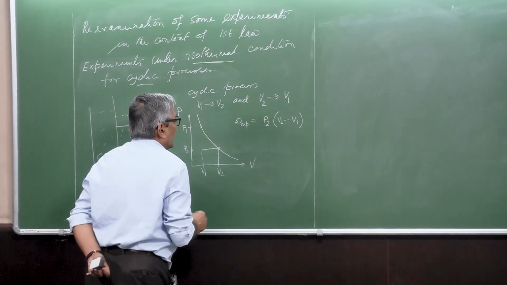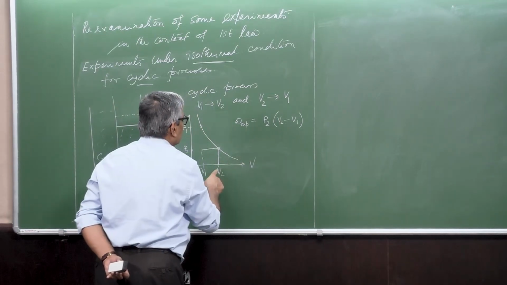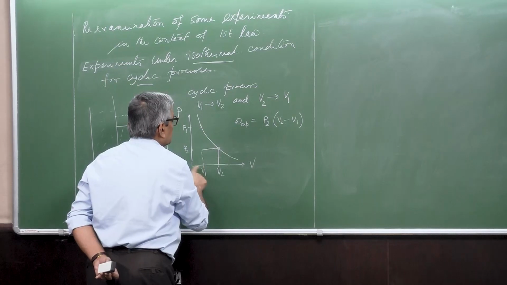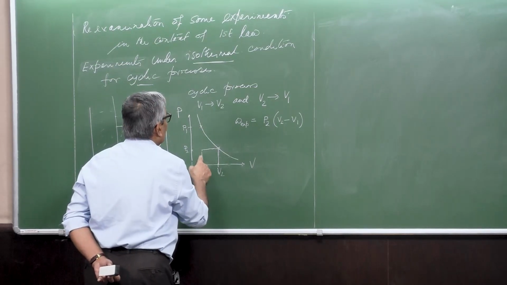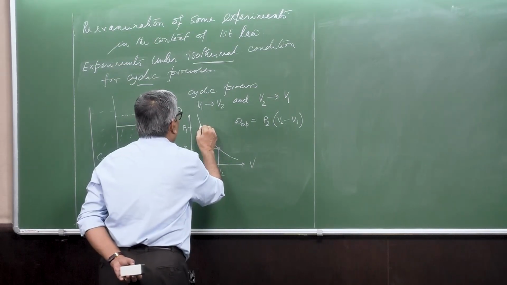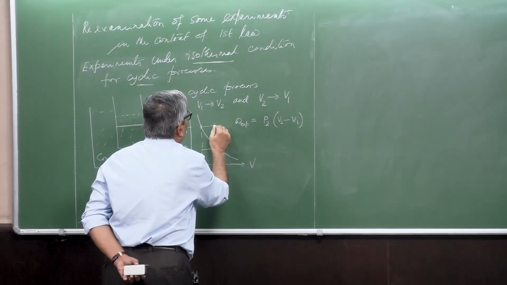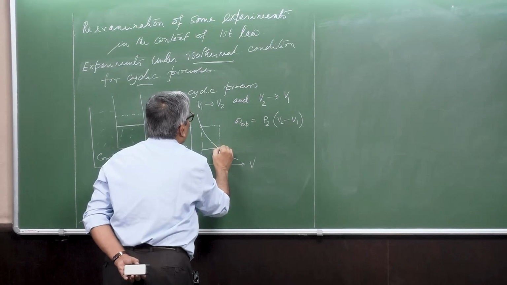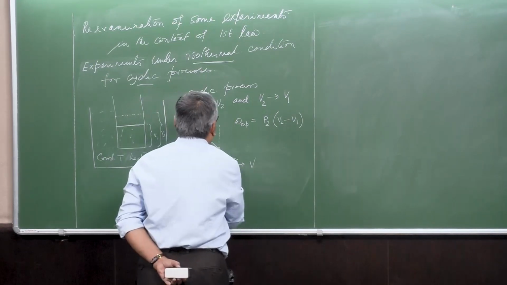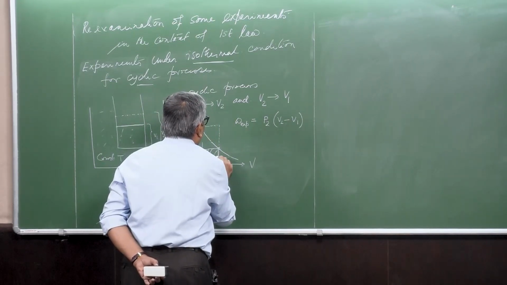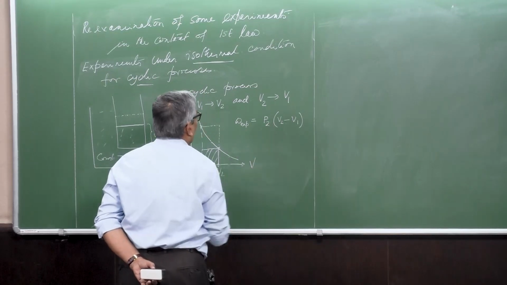And if I come back again from V2 to V1, then I choose my P1. This is the shaded area for this one.